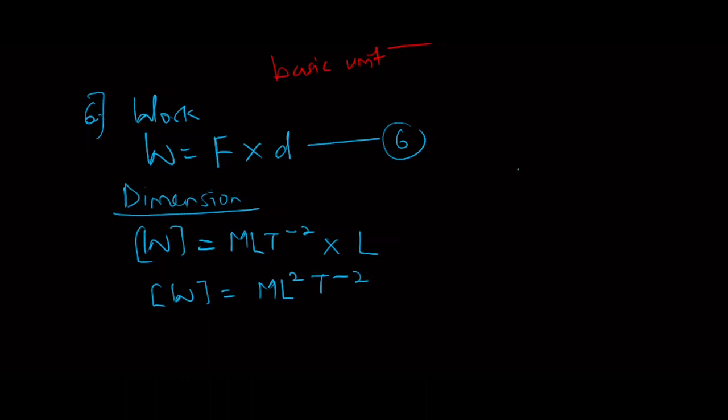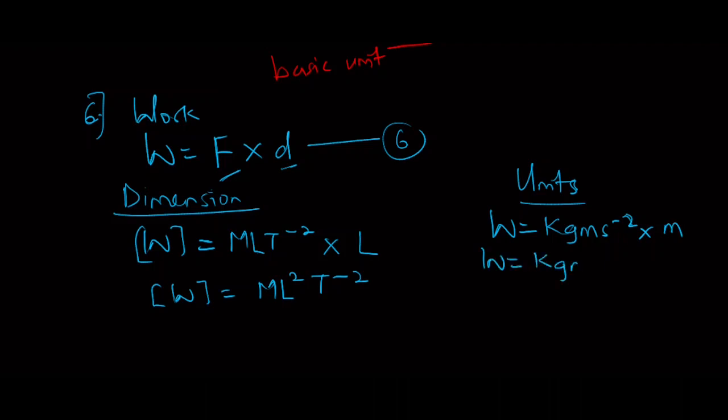Then we can as well work out the unit for work, because we are using the equation. The unit for force is kilogram meter per second square, then multiply by distance in meter, and work will give us kilogram meter square per second square.